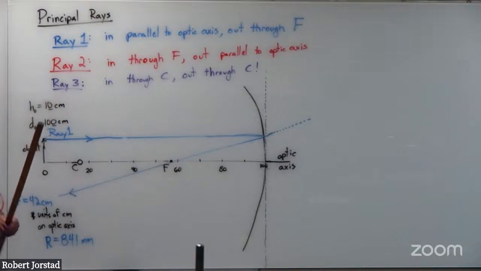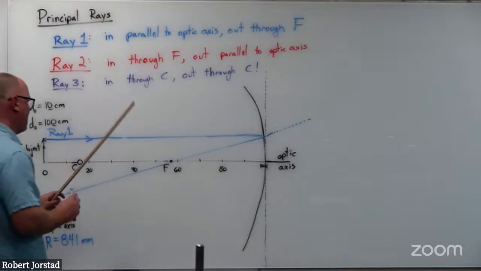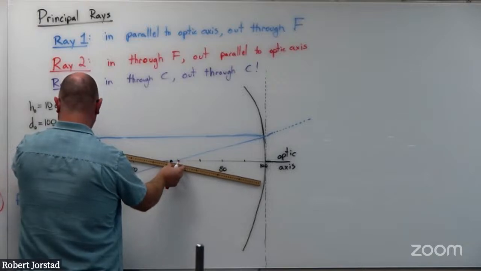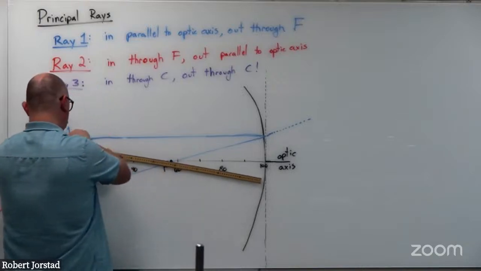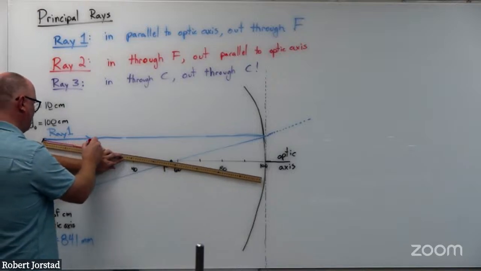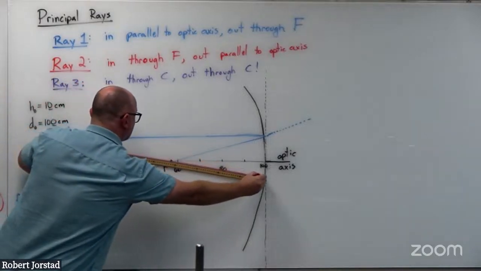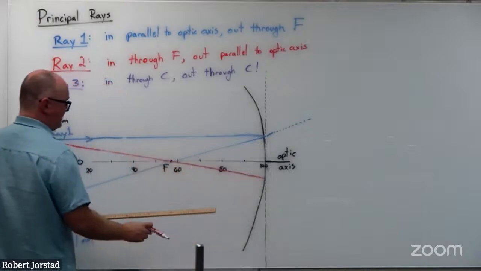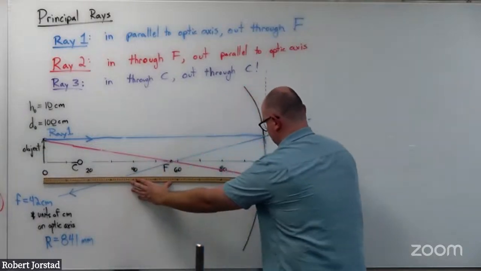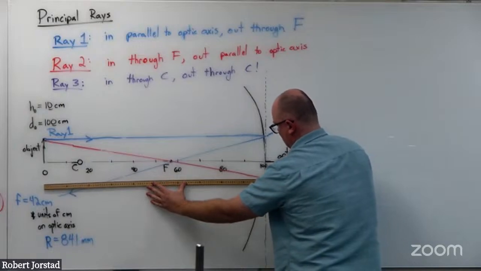Let's try ray 2. In through the focal point, out parallel to the optic axis. All the way to the dotted line. Then it's got to come out parallel. Trying to make it so you can see while I'm drawing here.